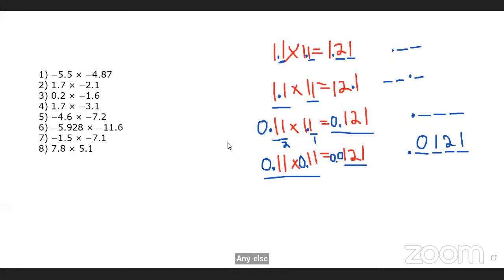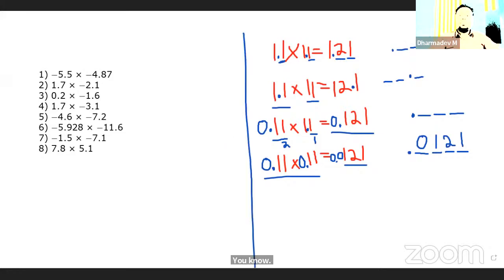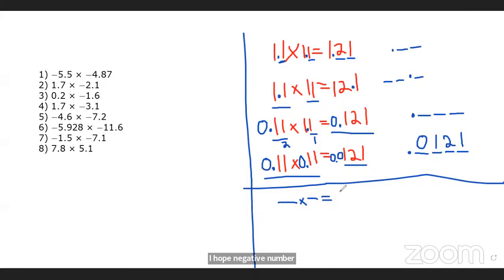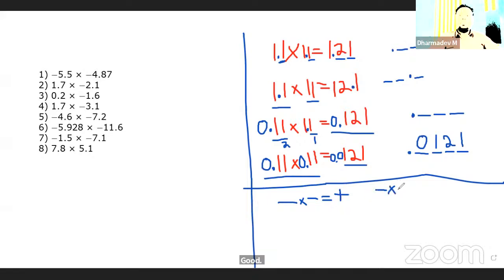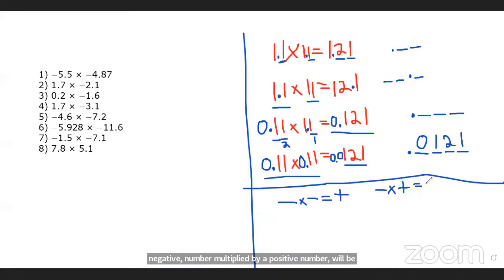No. Okay, fine. Now, let's quickly do an integer recap of what we learned in the second class. A negative number multiplied by a negative number would be a positive number. Good. A negative number multiplied by a positive number will be a negative number.